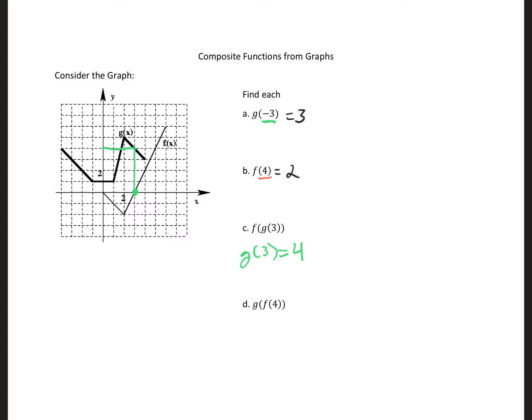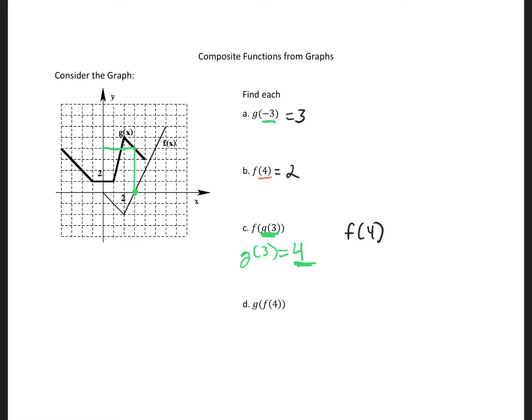That's important. That means g of 3 is the same thing as 4. So if I'm saying to find f of g of 3, what I'm really asking you to find is f of 4. We've previously found f of 4 to be 2.